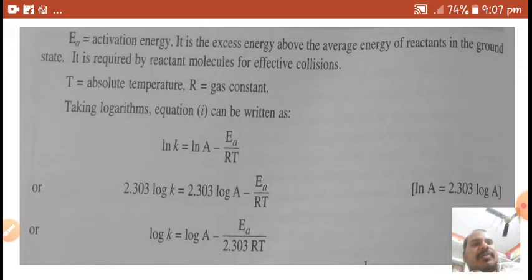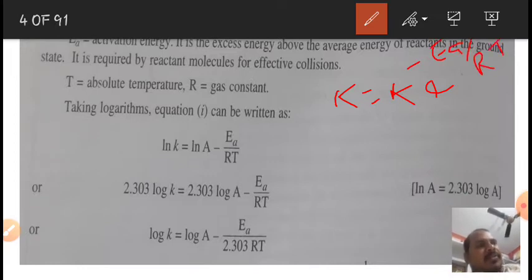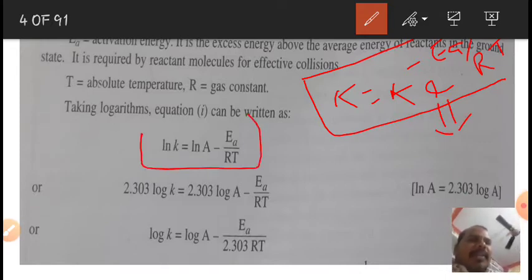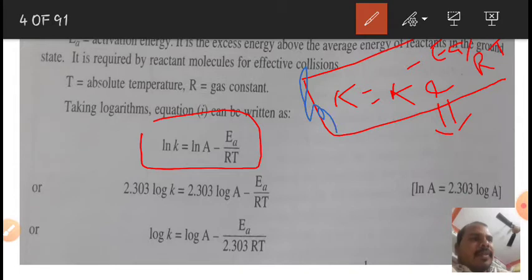The Arrhenius equation is K is equal to A e to the power of minus EA by RT. By taking logarithm on both sides of this equation, we get ln k is equal to ln A minus EA by RT.